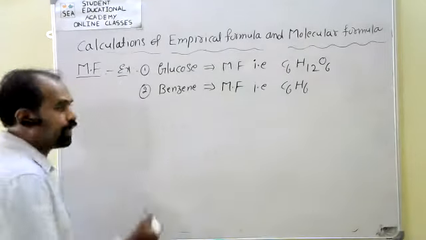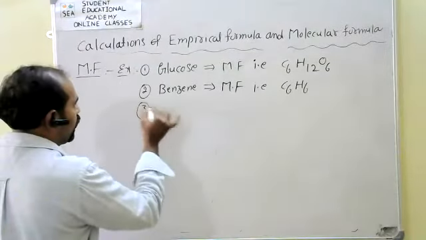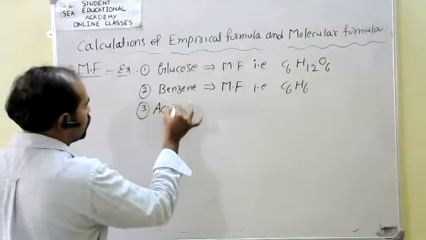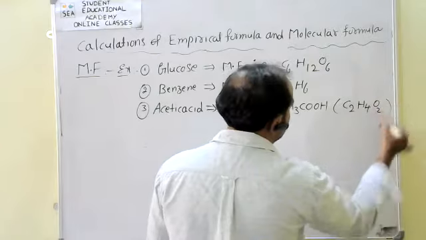Not only that, we can also take acetic acid. Its formula is CH3COOH, which is nothing but C2H4O2.